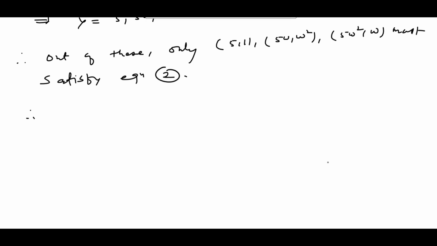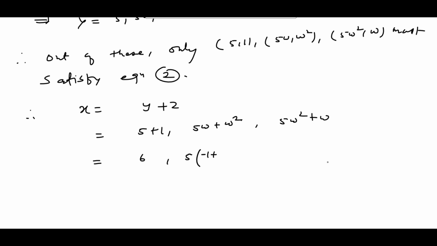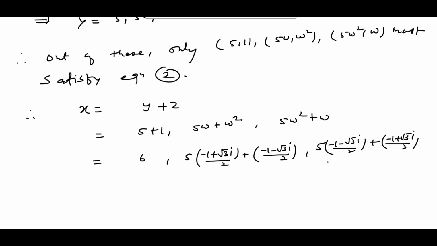So therefore the root x is equal to y plus z, that is 5 plus 1, 5 omega plus omega square, 5 omega square plus omega. 5 plus 1 is 6. Then 5 times (negative 1 plus root 3i over 2) plus (negative 1 minus root 3i over 2), and 5 times (negative 1 minus root 3i over 2) plus (negative 1 plus root 3i over 2).